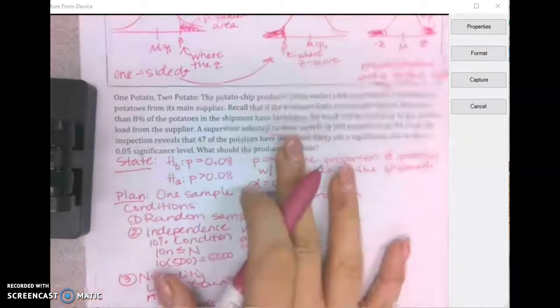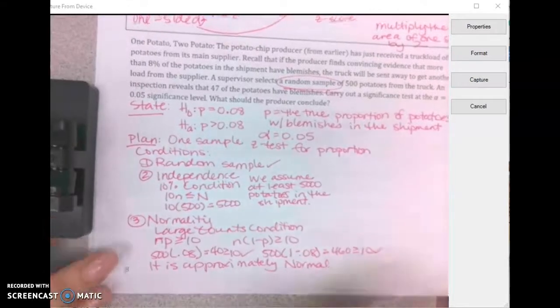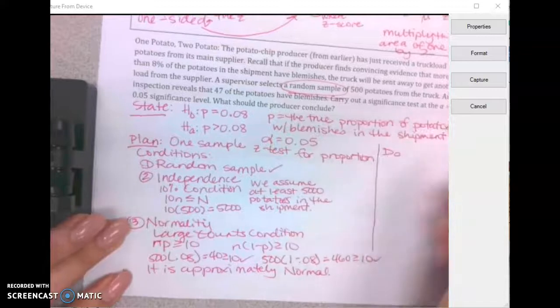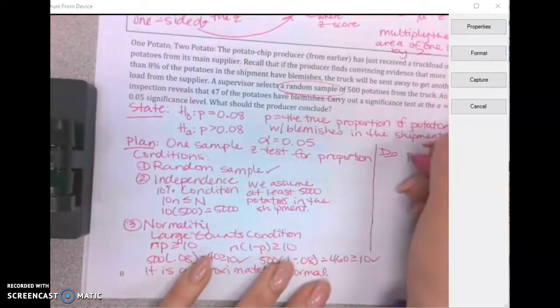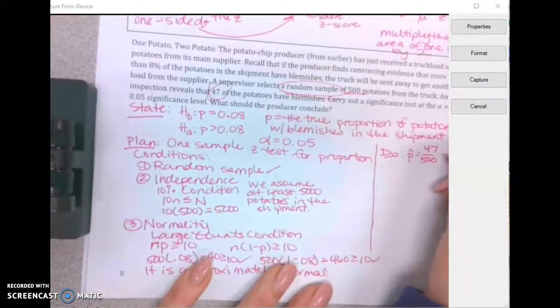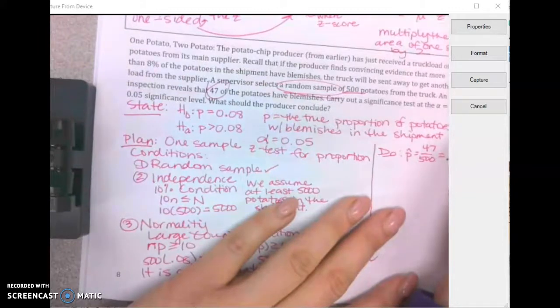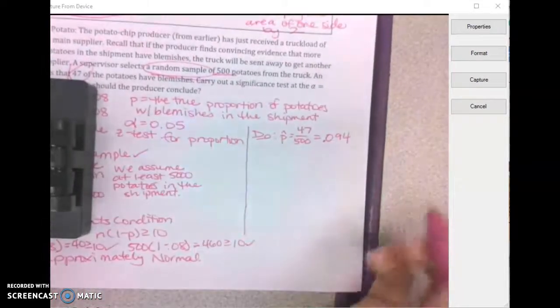Now it's time to do. Sorry, that cut off there. So we have our do. Alright. So p hat is equal to 47 of the 500, or 0.094. Running out of space and time, so hopefully we can finish this quickly.